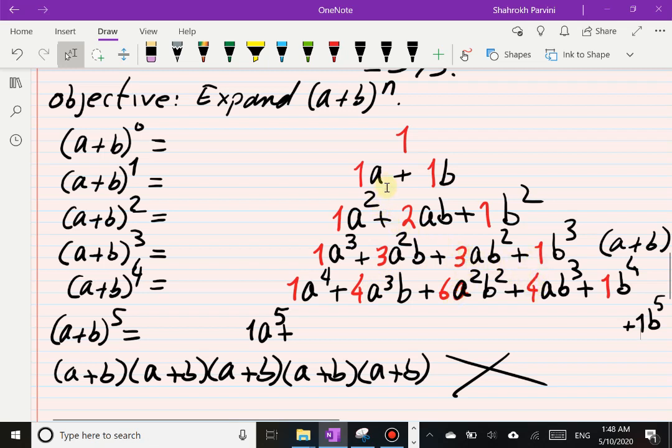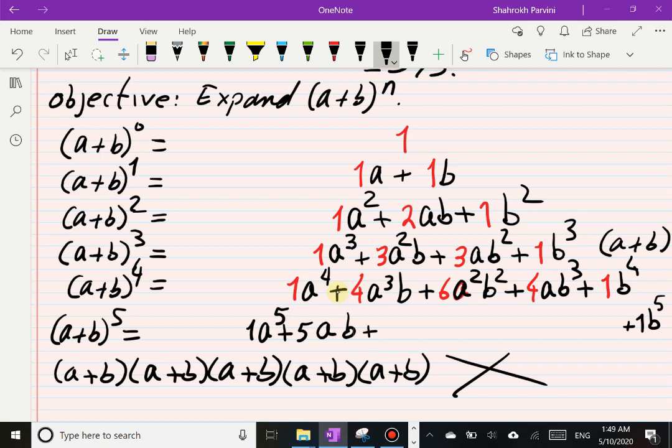So let's continue on this pattern. The next term in the expansion of a plus b to the 5th is going to be what? 1 plus 4, right? That makes 5. And then I'm going to have ab. I'll put the exponents on a and b in a minute.